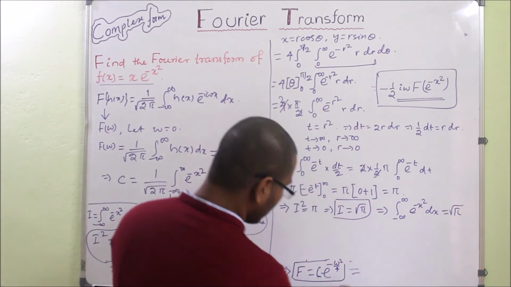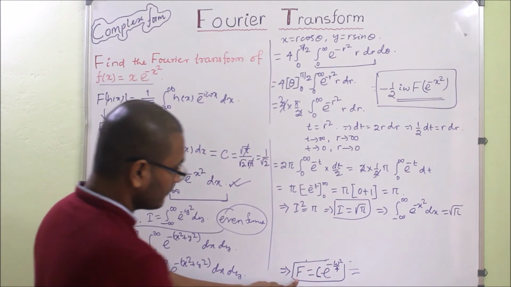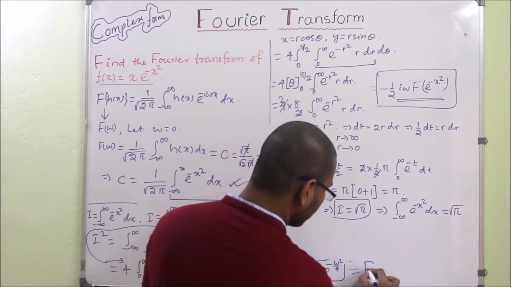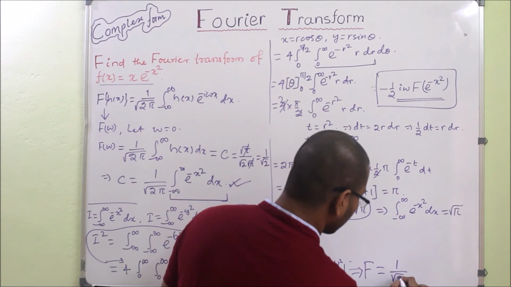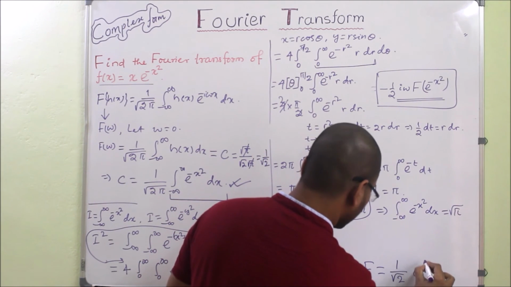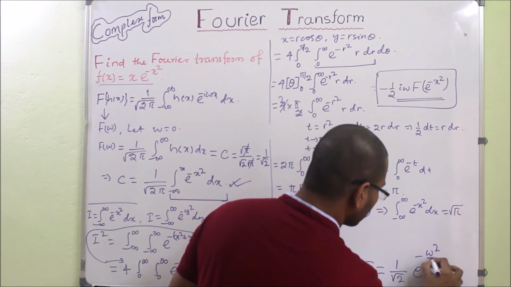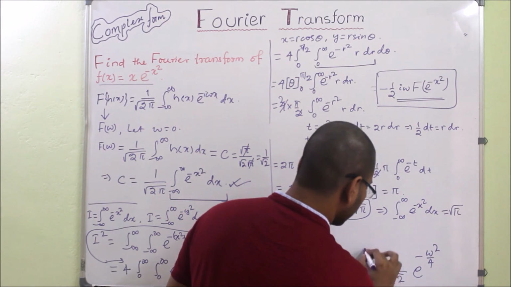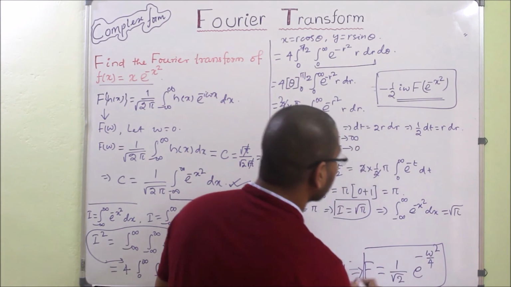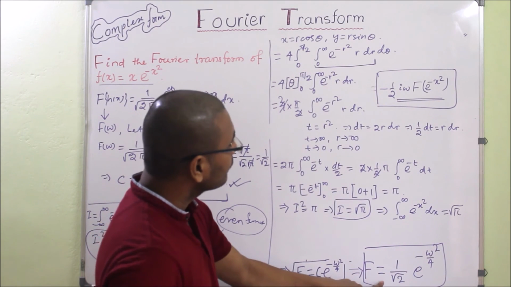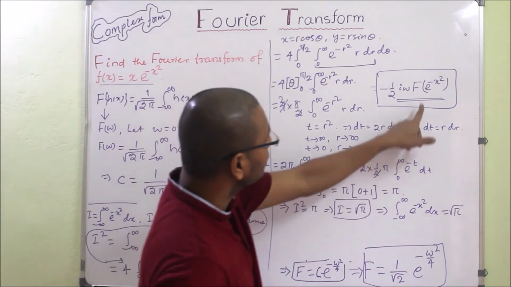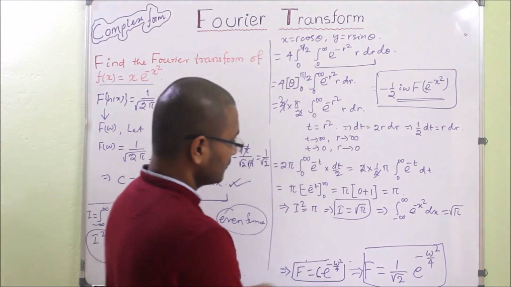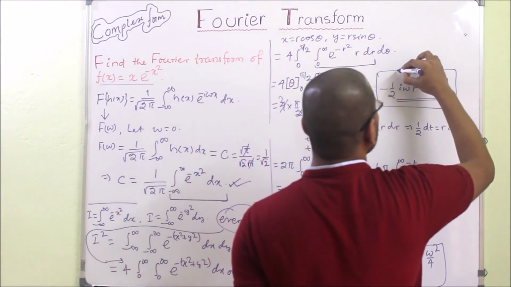If we put the C value here in the f value, then f will be 1 by square root of 2 into e to the power minus w square by 4. That we are getting as f. But what we need, f means Fourier transformation of e to the power minus x square. So this value we have to put here.